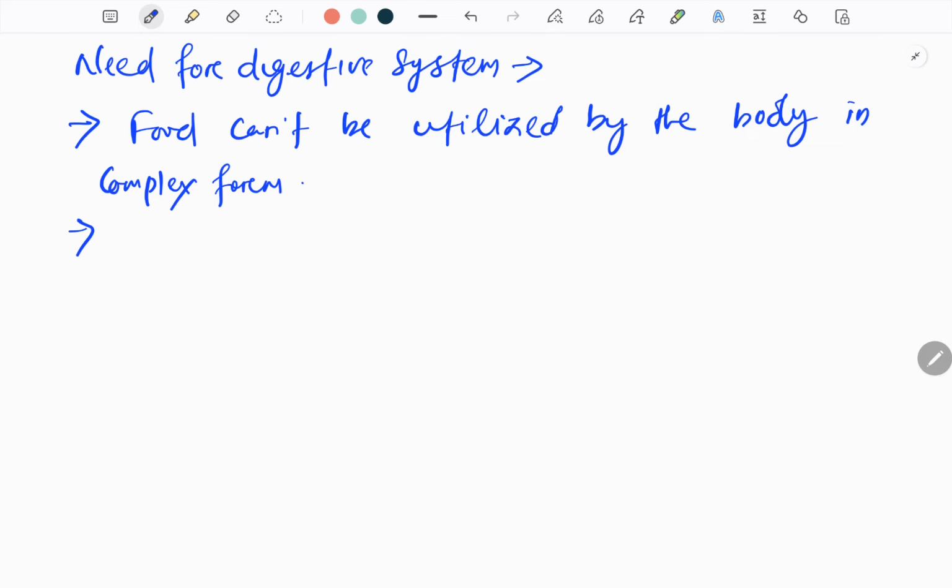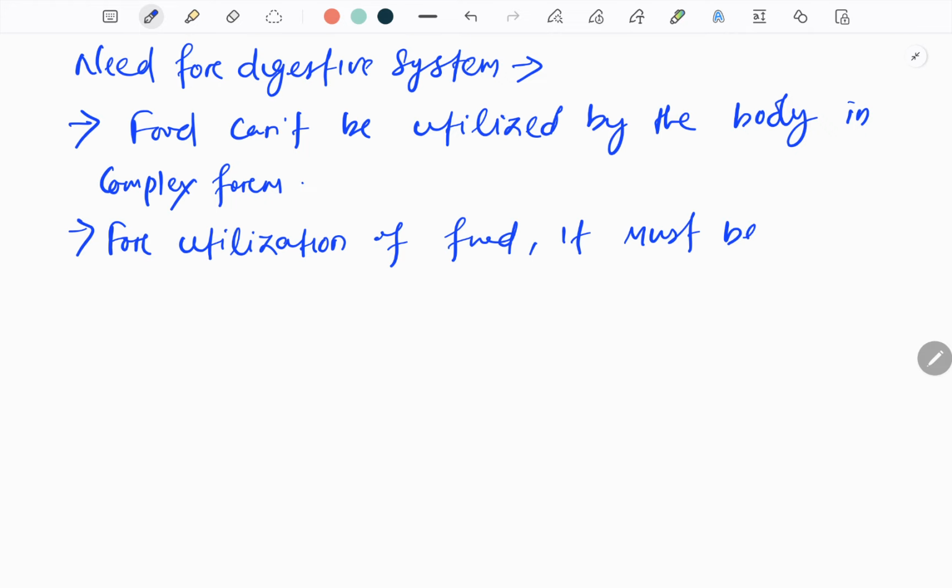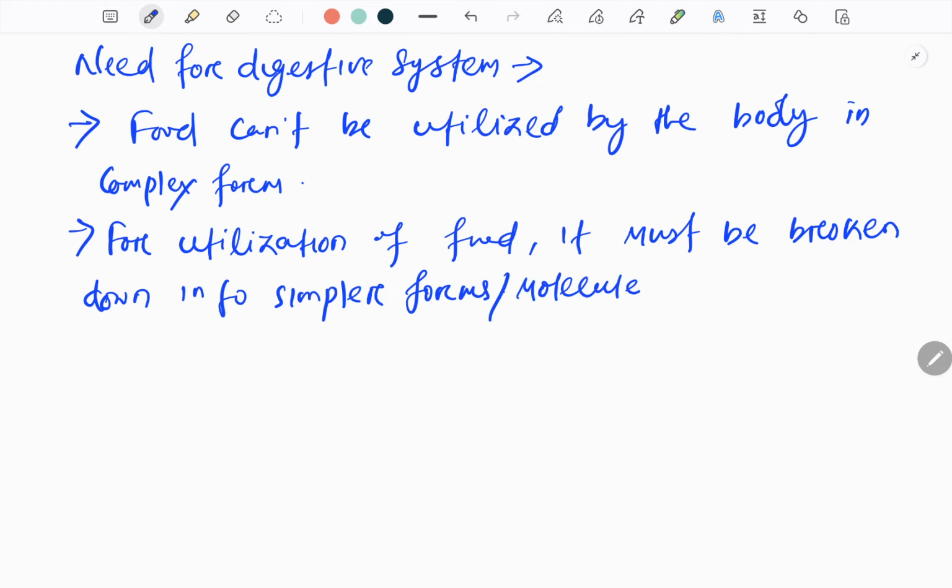For utilization of food, it must be broken down into simpler forms or molecules. Okay, so for utilization of food, it must be broken down into simpler forms or molecules.